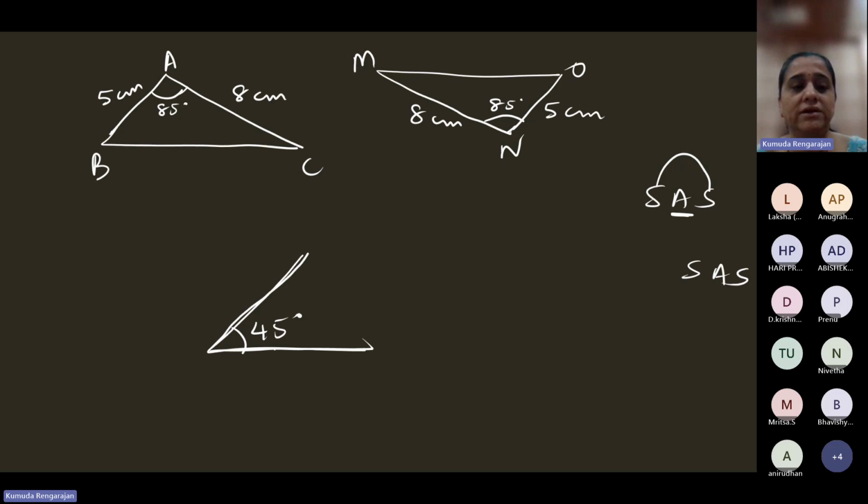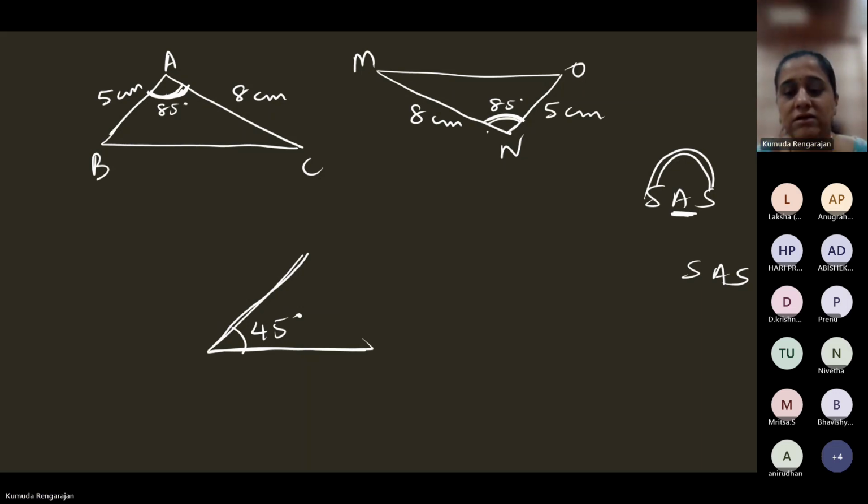All right. So when you're using SAS, meaning two sides and the included angle, look at the angle first, 85 degrees here. For this 85 degrees, which are the arms of this angle? AB and AC. The arms of this angle are AB and AC.